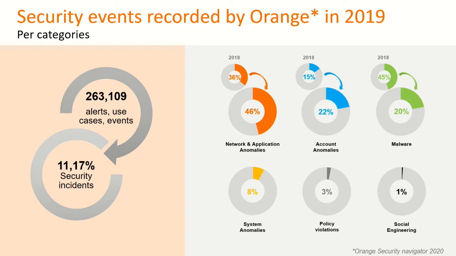As we have done in our annual security report from last year, we have extracted some numbers from them to get a better understanding of the threat landscape over the last year. To make it clear, we generated about 263,000 security events, which led to an actual 22,000 security incidents in 2019.